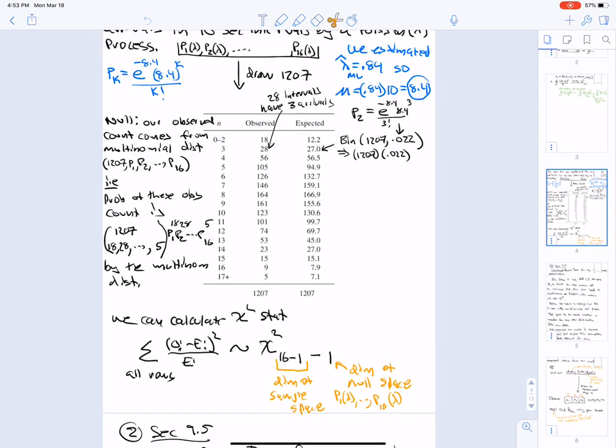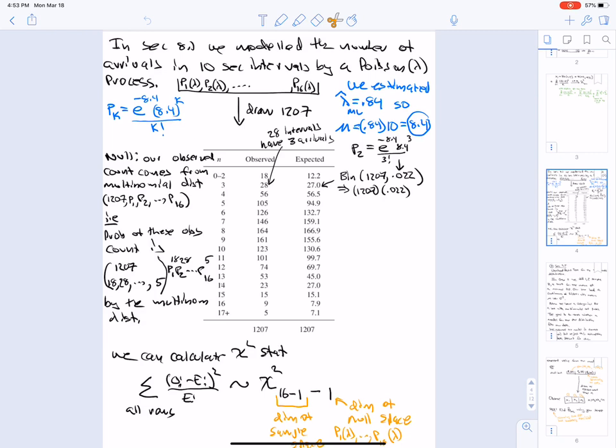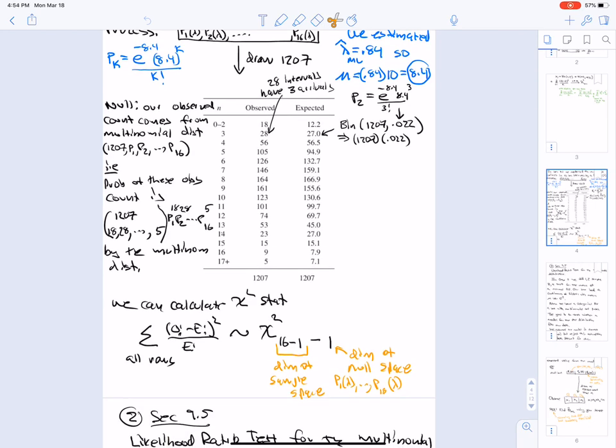So we can calculate the chi-square statistic, which will enable us to either reject the null or accept the null, where the null is that our null box has these probabilities given by Poisson lambda, where lambda is our estimate. So what we see here is we get a test statistic, which is going to be chi-squared. The degrees of freedom is not 16 minus 1, but 16 minus 1 minus 1.